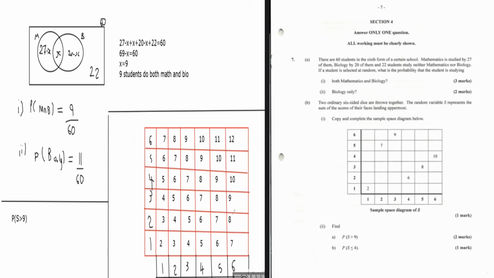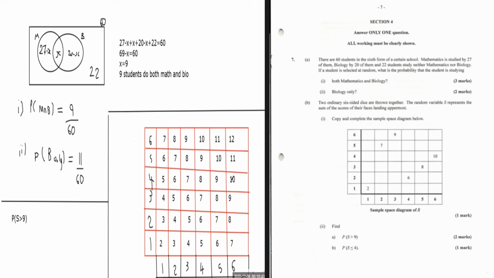All of these are greater than 9. Greater than 9 will be all of these. 10, 10, 10, 11, 12, 11.